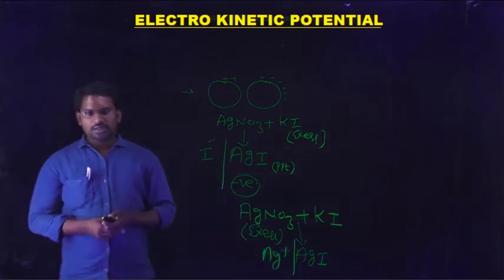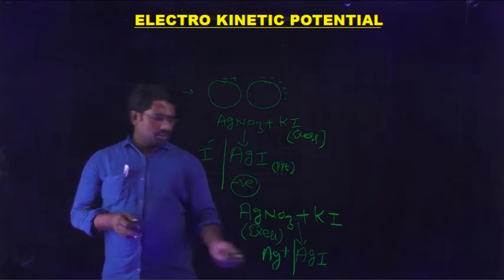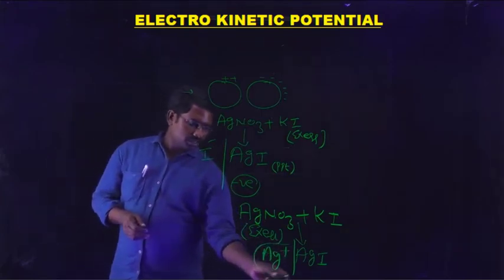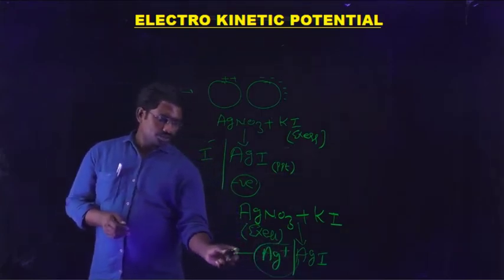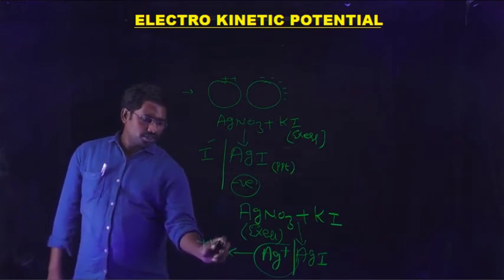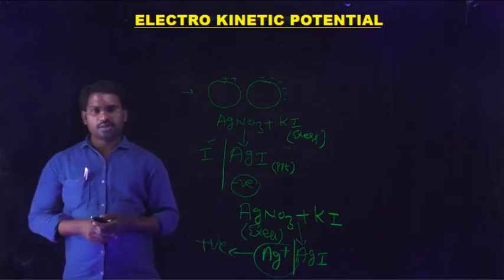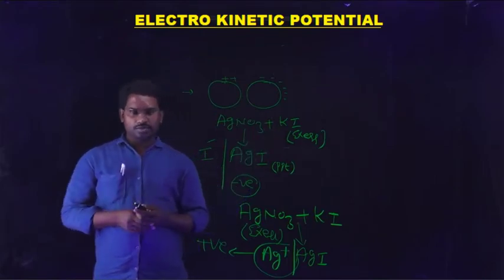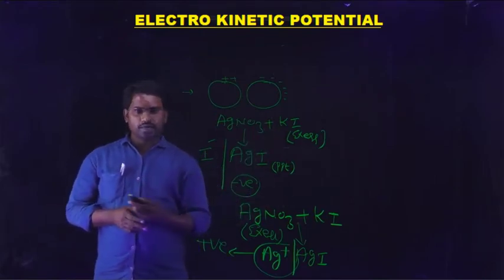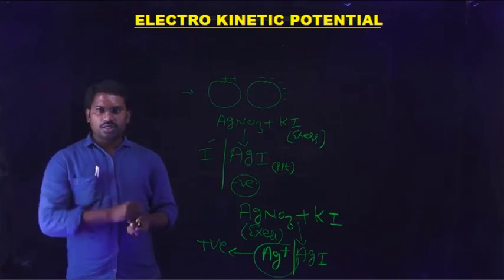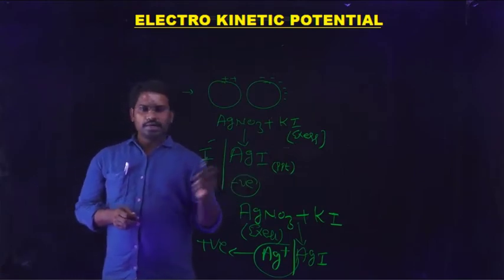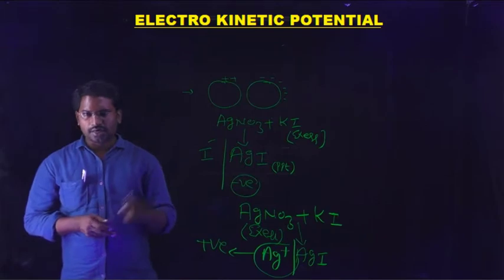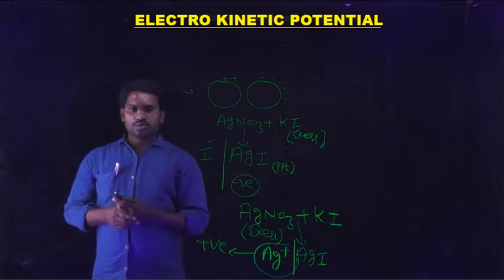Therefore, the colloidal solution has positively charged particles. In both cases, silver nitrate reacts with potassium iodide; in one case we get negatively charged colloidal particles, and in the other case positively charged particles.